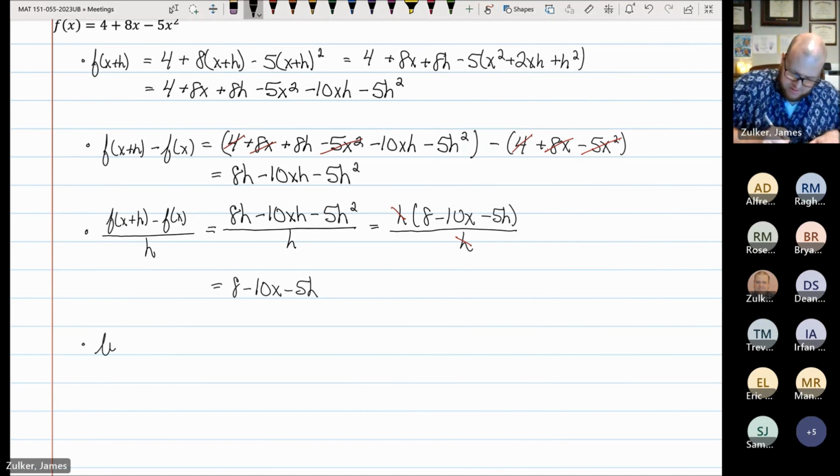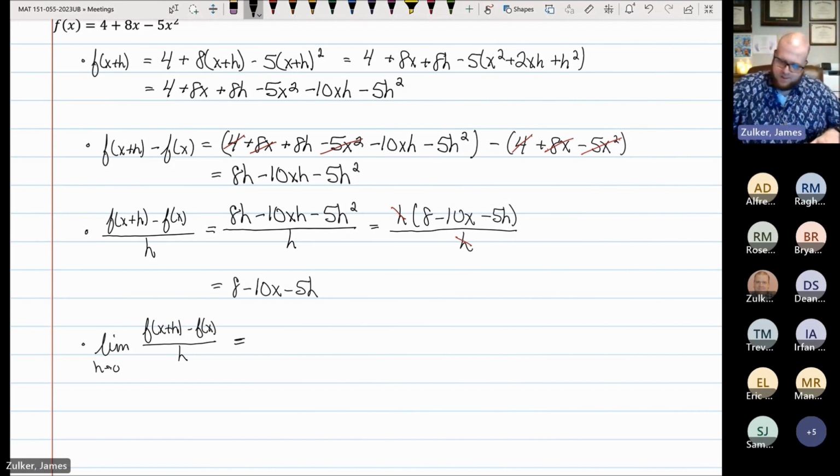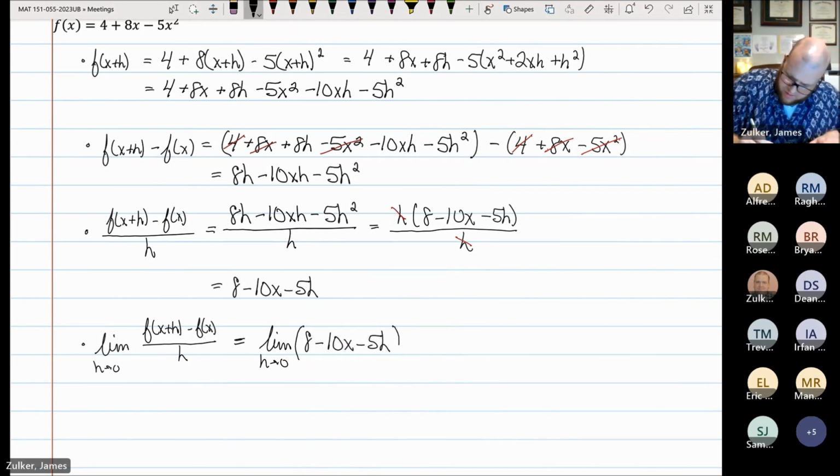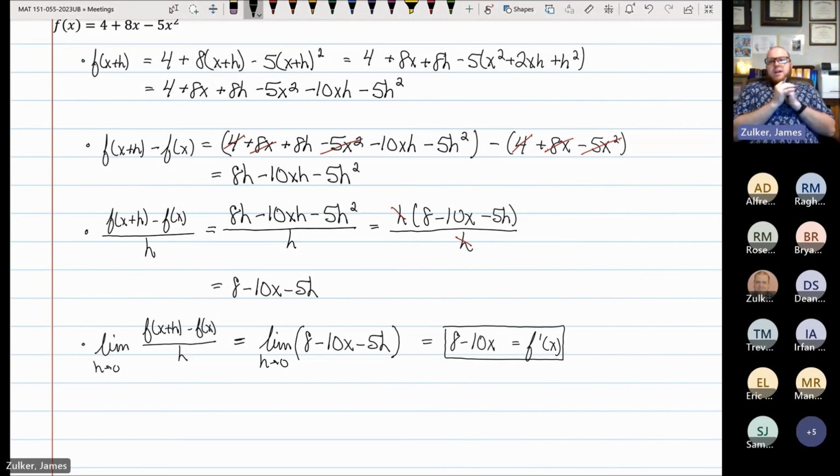Finally, take what we just calculated and pass it through the limit as h approaches 0. That is our derivative function.